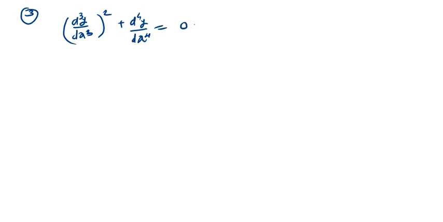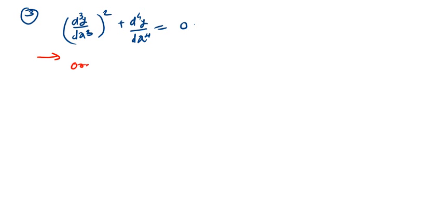Suppose we take one more example. Suppose this is d3y by dx cube, raised to 2, plus d4y by dx raised to 4 is equal to 0. The question is, find the order and the degree of this differential equation.